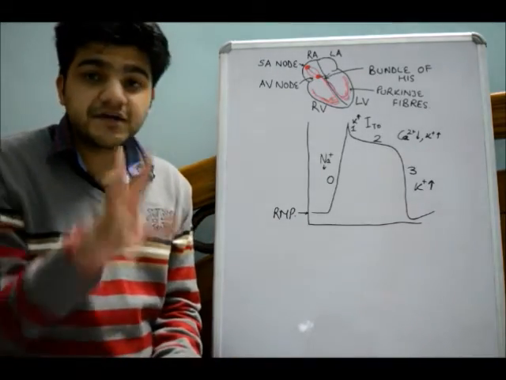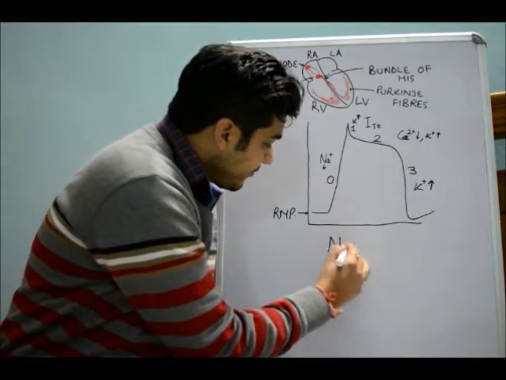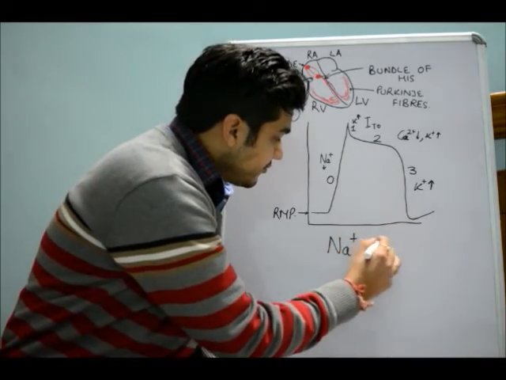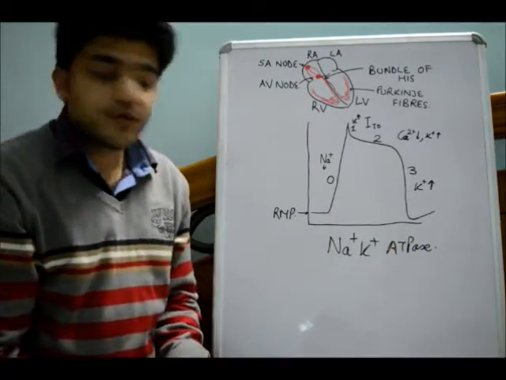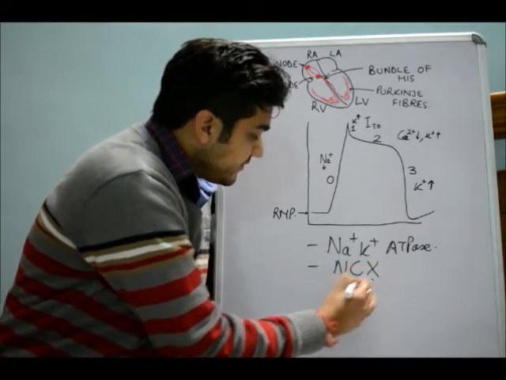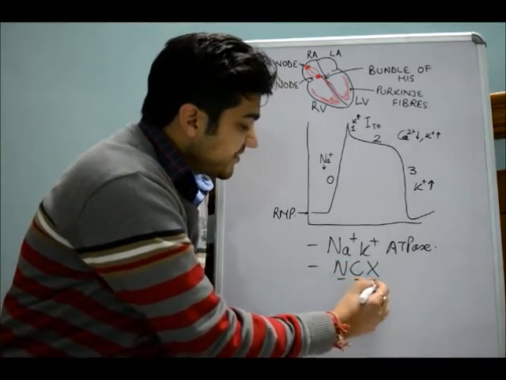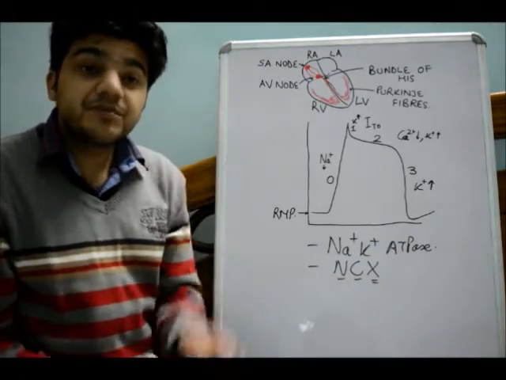And for that, there are two channels which I will be discussing. One, which I have already discussed, is the sodium potassium ATPase, and then there is another one called the sodium calcium exchanger. Now what will the sodium potassium ATPase do?